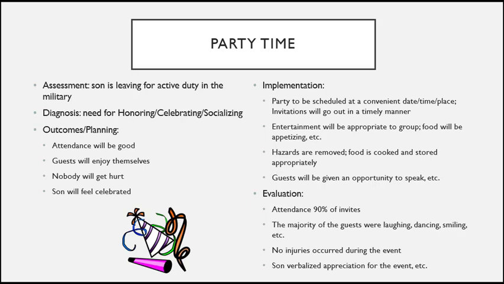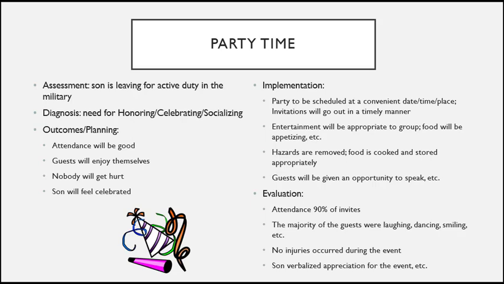The implementation, then, if I'm looking at those outcomes to drive my implementation, if I wanted the attendance to be good, then I need to be sure I schedule it during a convenient time and place, and that invitations go out soon enough so that people can attend. If my outcome is that I want the guests to enjoy themselves, then I want to be sure that the entertainment is appropriate and the food is appetizing.